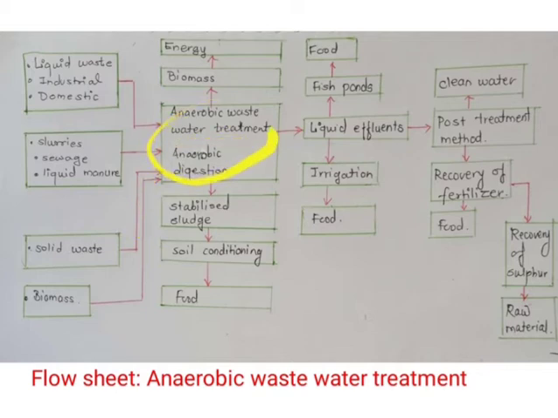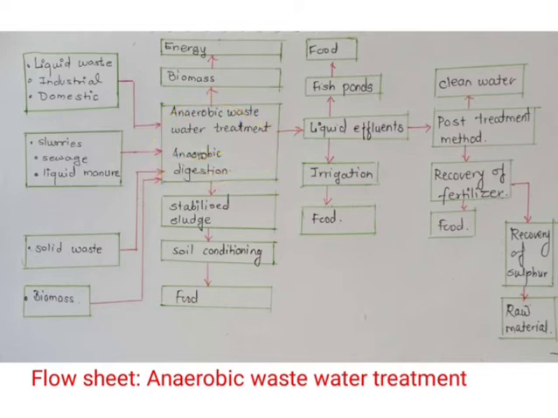Here comes the anaerobic wastewater treatment, in the absence of air or oxygen. Here anaerobic digestion can be done of the liquid waste, industrial wastewater and domestic wastewater. Then slurry, sewage, liquid manure, solid waste or biomass, all this can be digested in the absence of air or oxygen.